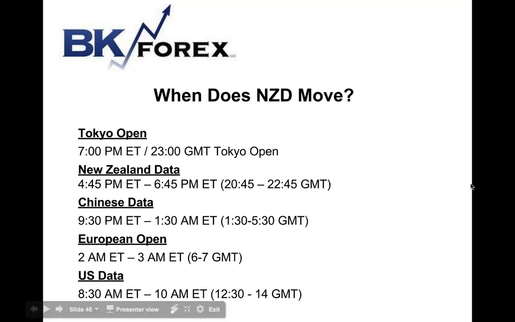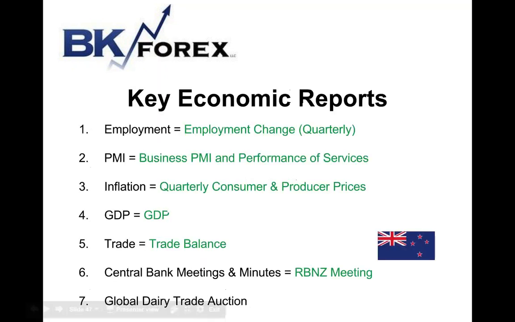So New Zealand data comes out early, between 4:45 and 6:45 p.m. New York time. And then it has an impact on Chinese data. Then, of course, we have this lull of the European session, and then we have the U.S. data. The New Zealand dollar is going to trade very much on how the U.S. data impacts it.